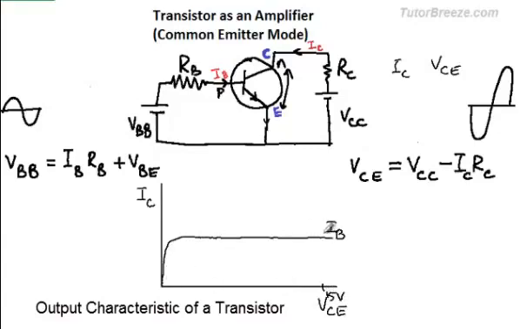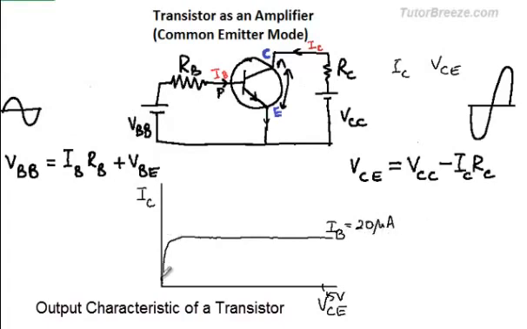Now this is an output characteristic. So this is a curve that we get for one particular value of IB. Let's say this is about 20 microamperes because the base current is going to be very small. Now say I increase the value of the base current to 30 microampere.